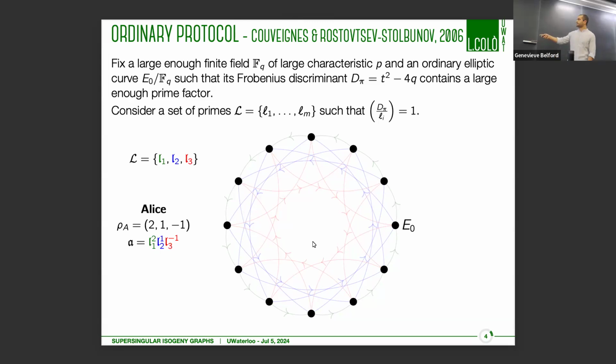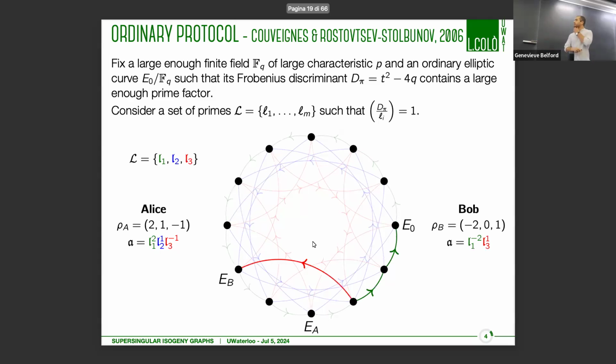So in this case, the secret key is the exponents that the two parties give to these three primes in the example. And then they compute the action of this product on this elliptic curve. So in this case, 2, 1, minus 1, so 2, 1, and then 1 in the negative direction. Alice ends up with EA. Bob does the same with his secret key, minus 2, 0, 1.